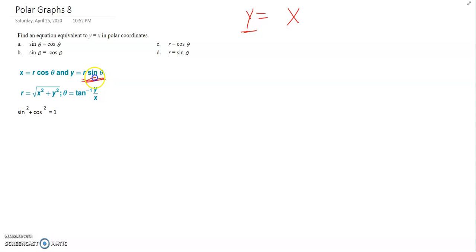Let's replace y first with r sine theta. Then we'll replace x with r cosine theta. The r's cancel out and you get sine of theta equals cosine of theta. So answer choice A should be this one. Not a whole lot of work on that one. Some people probably overthought that one because it was pretty easy.